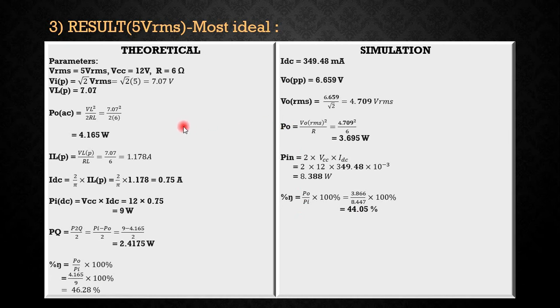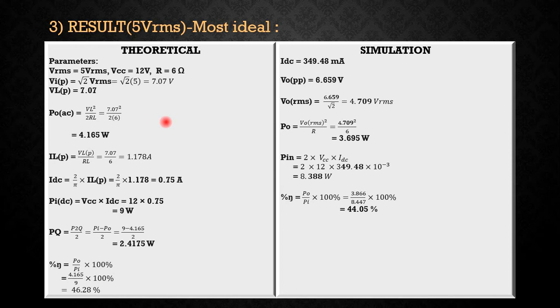So we want to find the power output, which is VL squared divided by 2RL. We're going to get 4.165 watt. After that, we find IL, which is VL over RL, equal to 1.178 ampere.